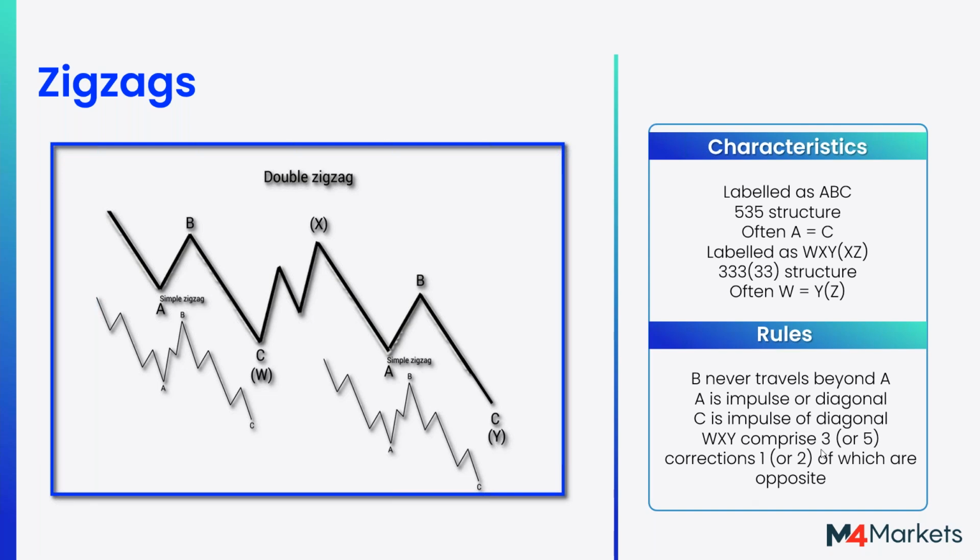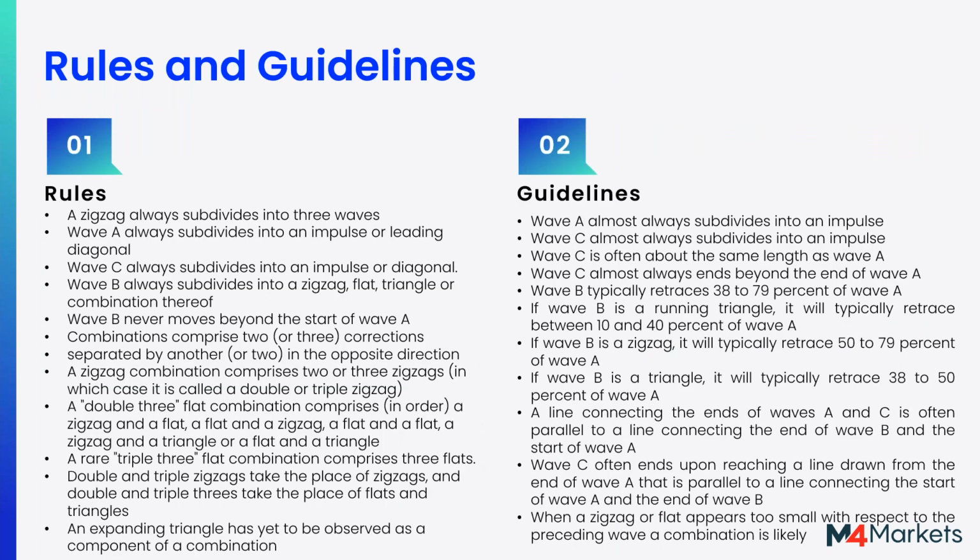That's why I say it's comprised of 3 corrections. Sometimes though, we have 5 corrections, with W, X, Y, X, and Z, which is the triple zigzag. So I just want to make the distinction. And here you've got rules and guidelines as well.